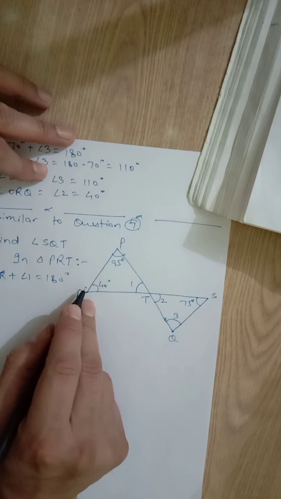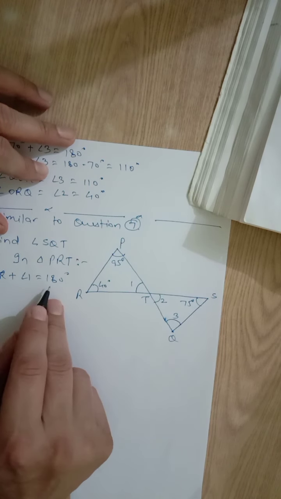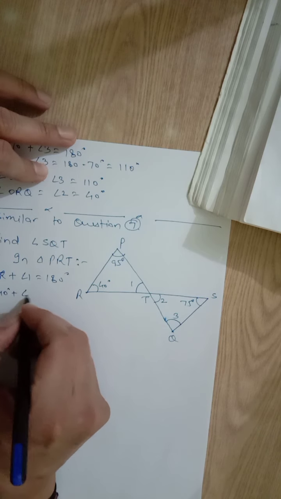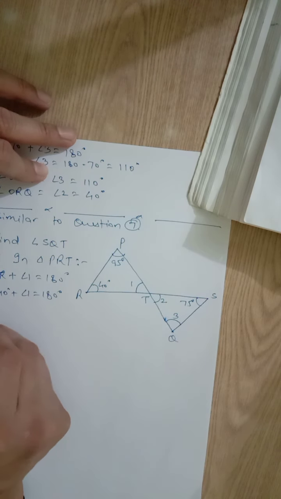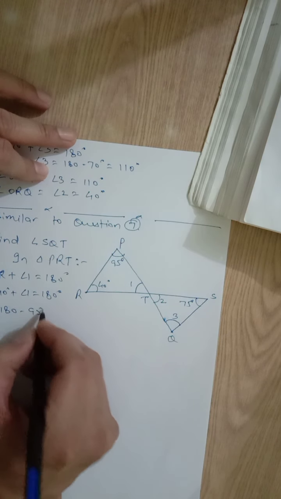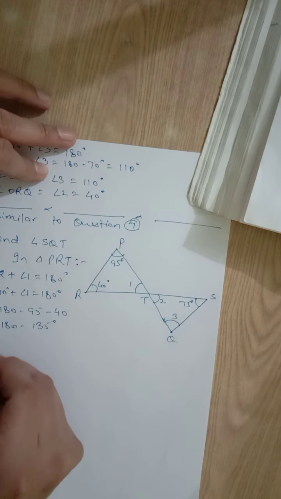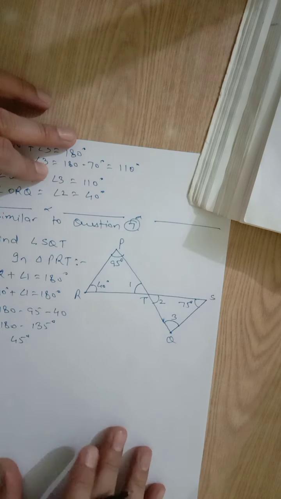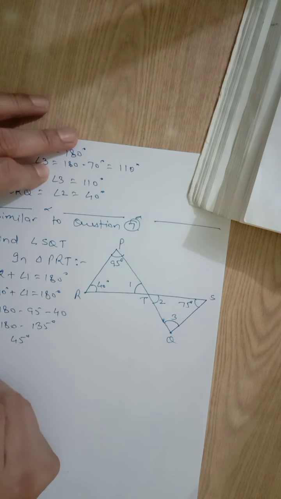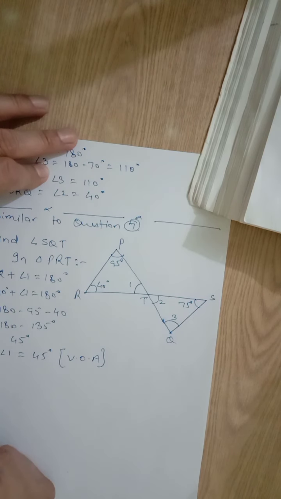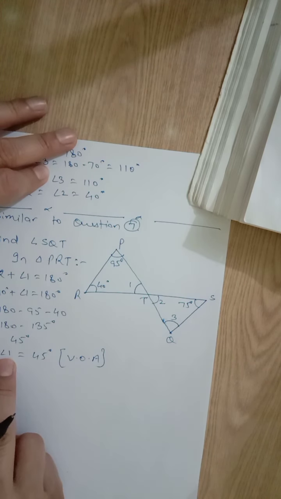You will have to write down the reason, angle sum property of triangle. Now angle P is 95 degree, angle R is 40 degree, angle 1 we have to find out, and angle 1 will be equal to 180 minus 95 minus 40, means 180 minus 135, which is 45 degree. So angle 1 is 45 degree. It means angle 2 which is equal to angle 1 means 45 degree. Why? Vertical opposite angles. We need to mention its reason also, why this angle is equal to this.